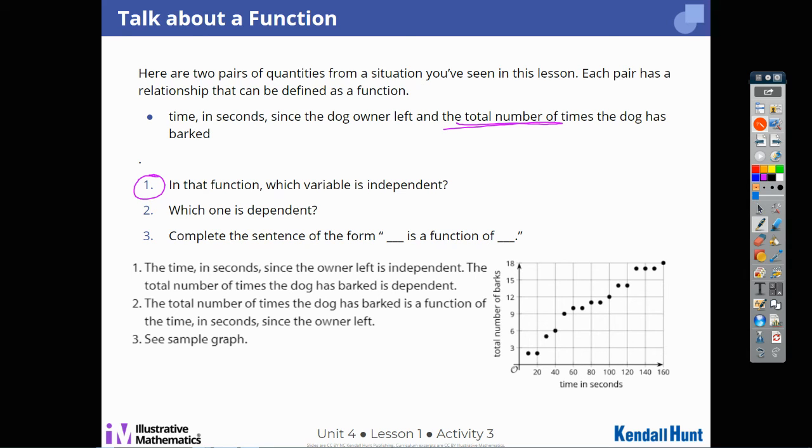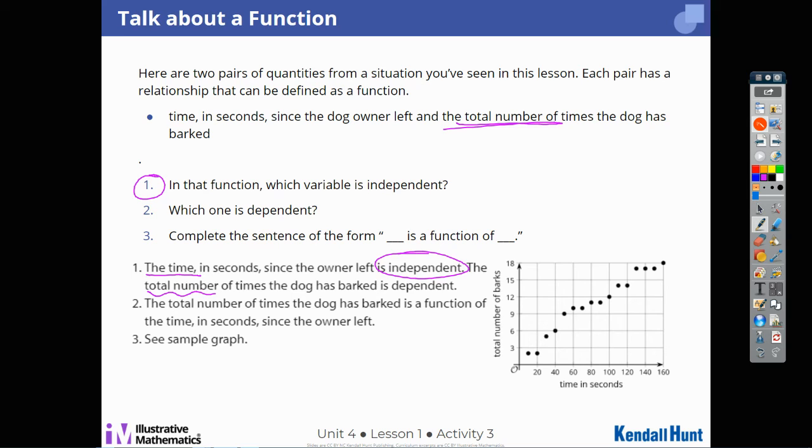So our two variables are time and number of barks. So the time in seconds since the owner left is your independent variable because it's not going to be affected by the other one. The total number of barks will be your dependent because the dog can bark at any given time, but it's going to change over time.